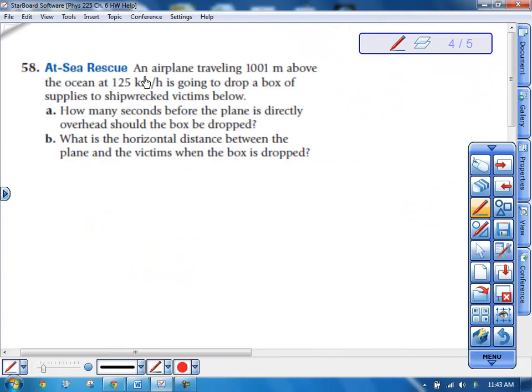And the last question says, an airplane traveling at 1,001 meters above the ocean, so this is 1,001 meters above the ocean, and it's traveling at 125 kilometers per hour. I'll make that 125,000 meters per hour, and then let's get that in meters per second because we always want to be in meters per second, mainly because our acceleration is in 9.8 meters per second squared.